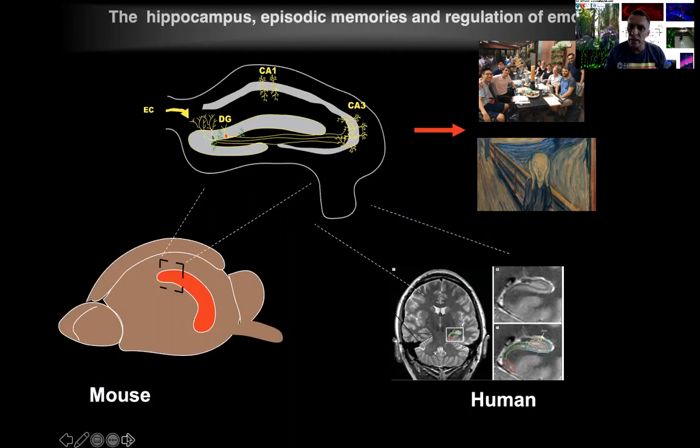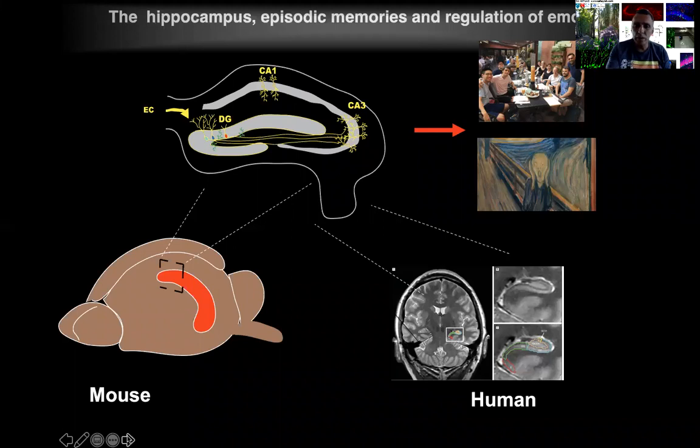It's intuitive to think how hippocampal dysfunction is a central component of cognitive disorders, such as age-related cognitive decline, Alzheimer's disease, as well as psychiatric disorders that are characterized by hippocampal dysfunction.